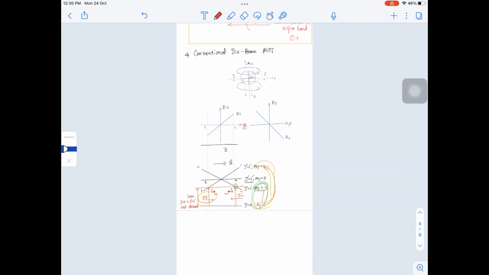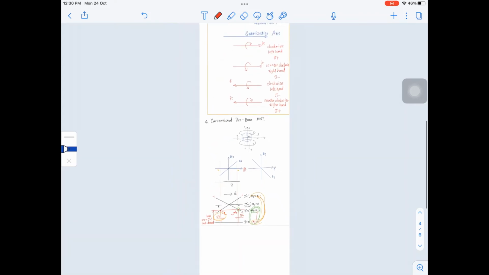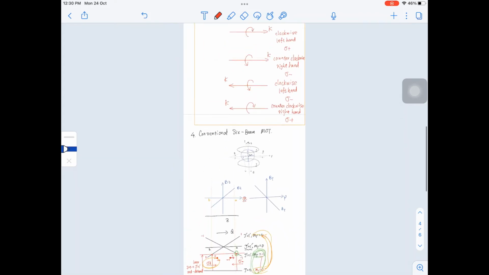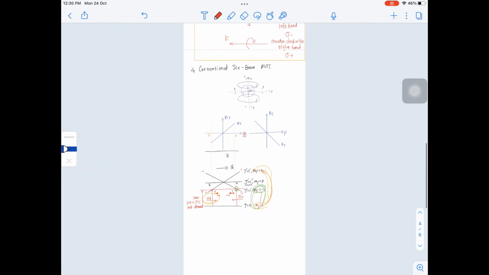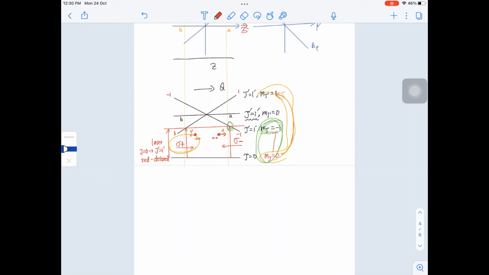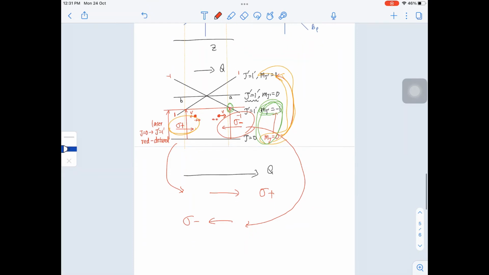Now, let's use this table. Quantization axis: the light from this side drives sigma plus, the light from this side drives sigma minus. What polarization do we need to use in this case?